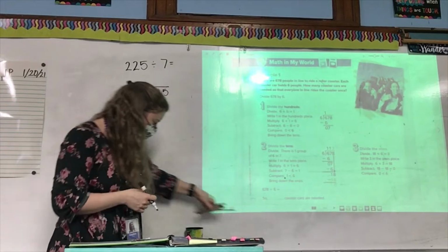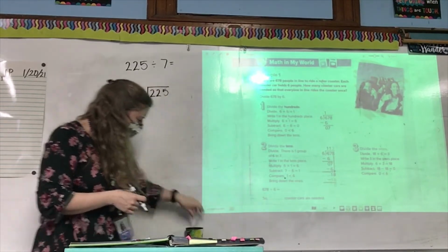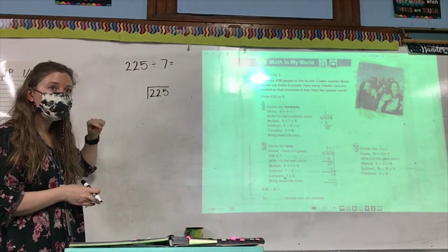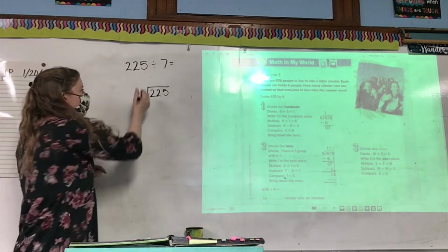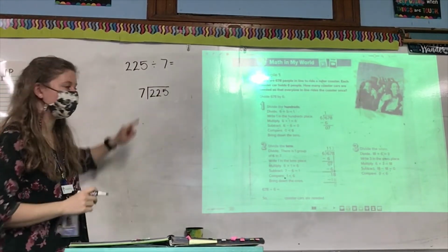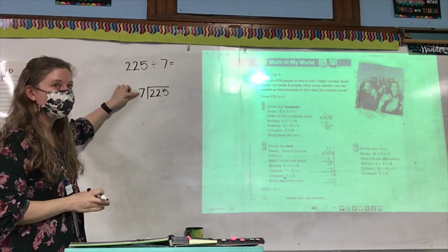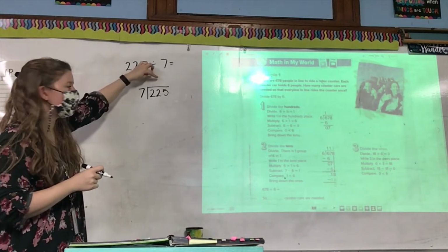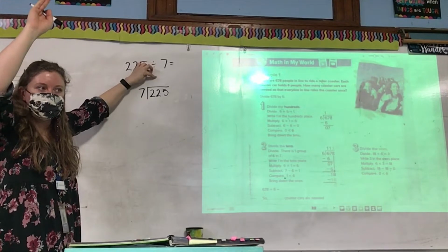Lena, where does this 7 go? It goes beside the dividend. On this side over here? No, on the short side of the bracket, because it is the divisor.